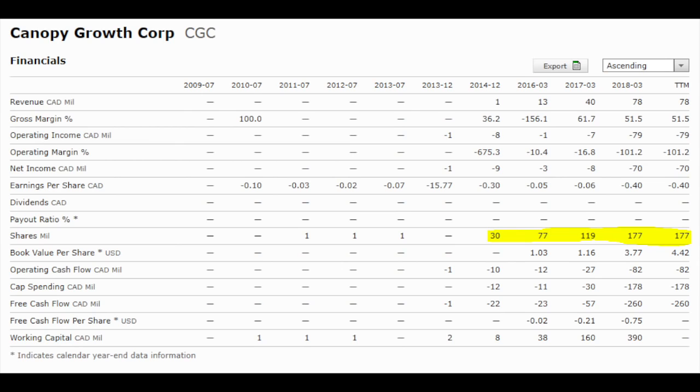The shares outstanding in 2014 were 30 million, then 77 million in 2016, then 119 million, now we are at 177 million. So if someone invested in 2014 expecting $1 earnings per share in 2018, that dollar would now be only 0.2 because of dilution and of the huge number of shares that were added.